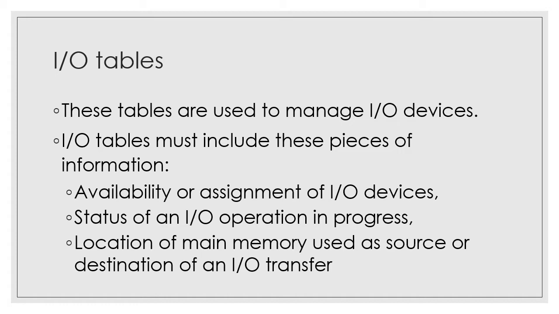If we are performing input, there will be a memory location that will serve as destination and will receive data coming from the device. If we are performing output, there will be a memory location that will serve as source and will provide data to be sent out.